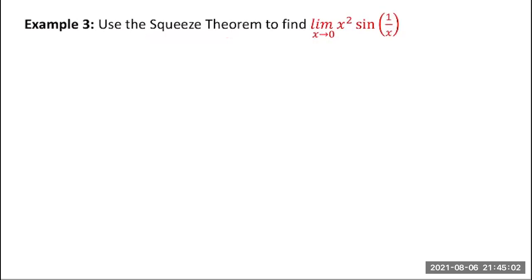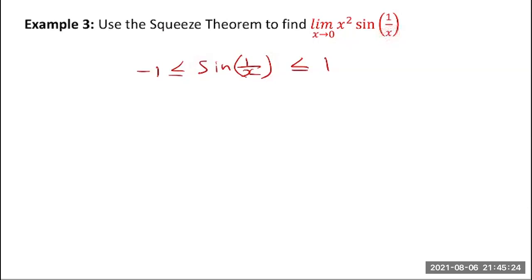Okay, first of all, notice that if I take this piece of the function, I know that this is always between -1 and +1, right? Because the range of sine is always between -1 and +1. Okay, so I'm assuming that x is not equal to 0.